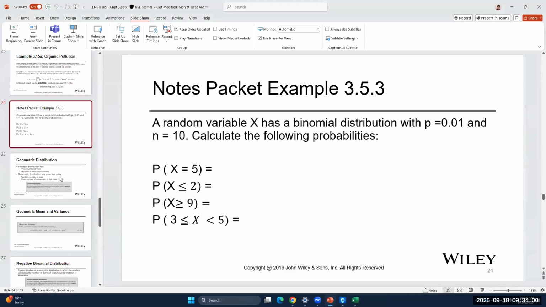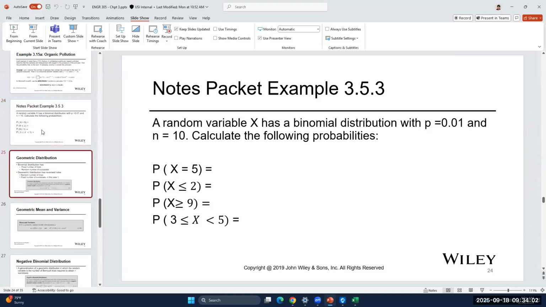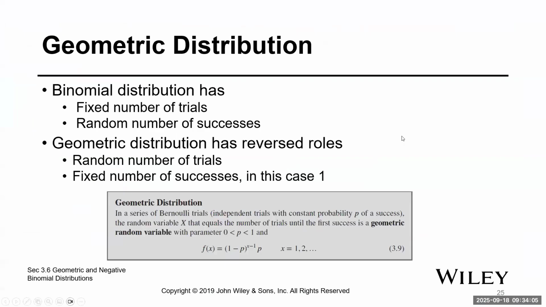Okay, so that was all binomial. How's the geometric different? Well, the binomial has a fixed number of trials with a random number of successes. Geometric has a random number of trials with a fixed number of successes. And for the geometric, we're looking specifically for the first success.